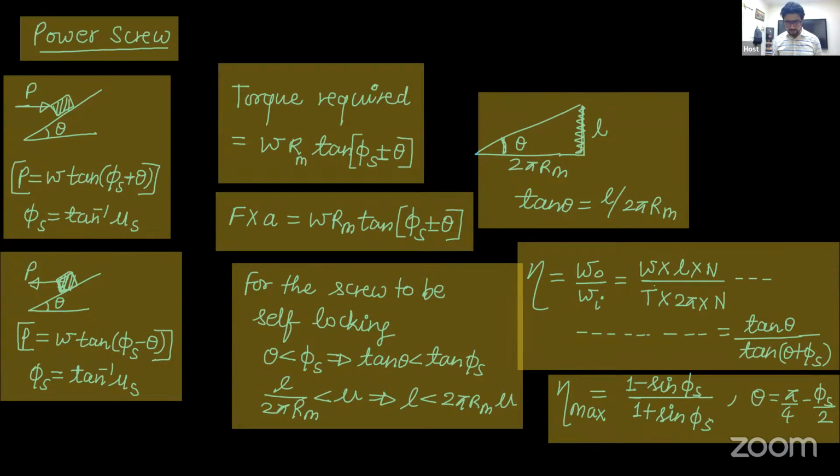Anything you want to ask? Sir, efficiency is equal to tan theta by tan of (theta plus phi s). Is it applicable for theta less than phi s or theta greater than phi s? No, theta less than phi s naturally.